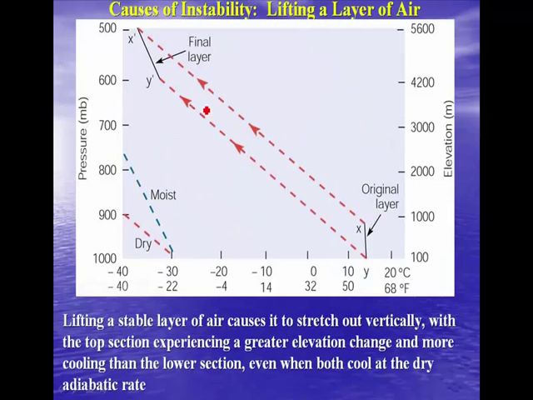Now, another way that we can cause instability. Earlier we talked about taking a layer of air aloft and moving it down. This would create a very stable type of environment. Now we're going to do the opposite. We're going to start with a layer in the atmosphere, right at the surface and just above the surface, and now we're going to cool the air.